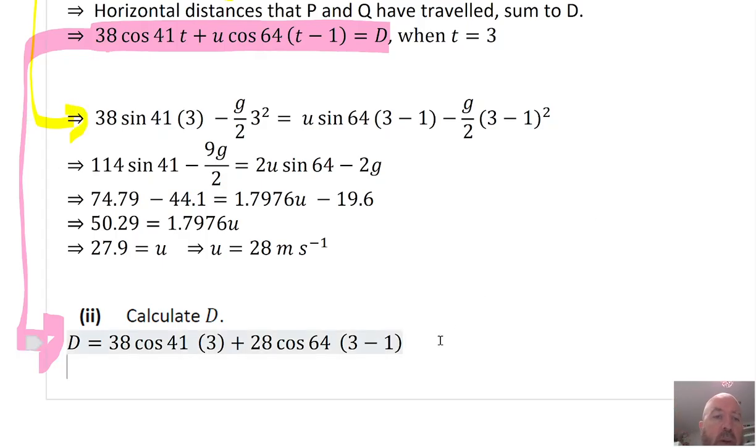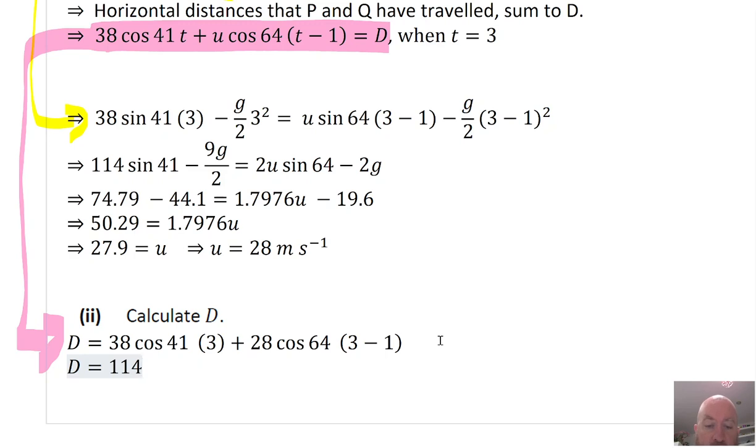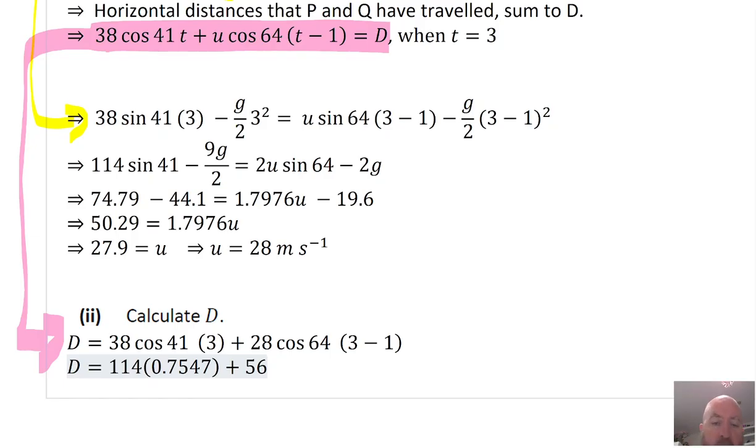So that means that d equals, now let's cos 41, let's hopefully get this right, is 0.7547. I think I just didn't multiply it by 114. Anyway, sorry. Plus 28 times 2, which is 56, times cos of 64 is 0.438.